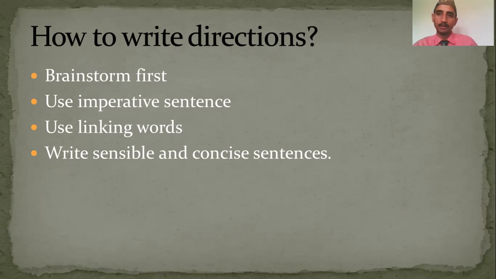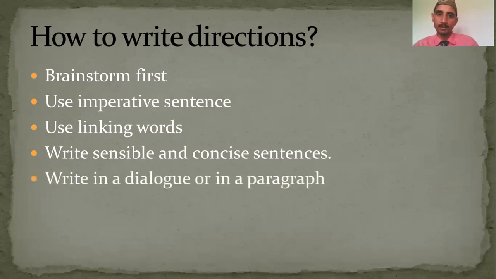Second, you have to use the imperative sentence as well as linking words, either in the beginning of the sentence or maybe in the middle. And next, sentences should be short and simple so that they make sense. Each one of your sentences should lead to the action, and finally lead to the successful completion of the work.